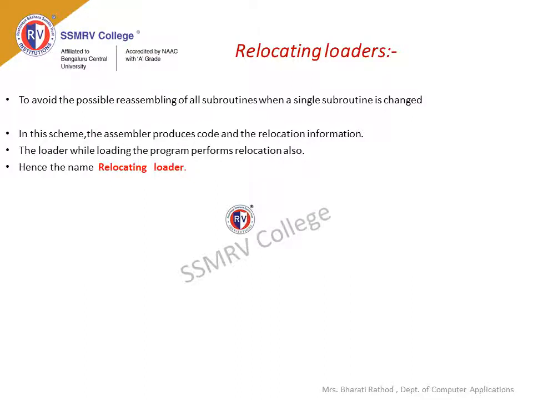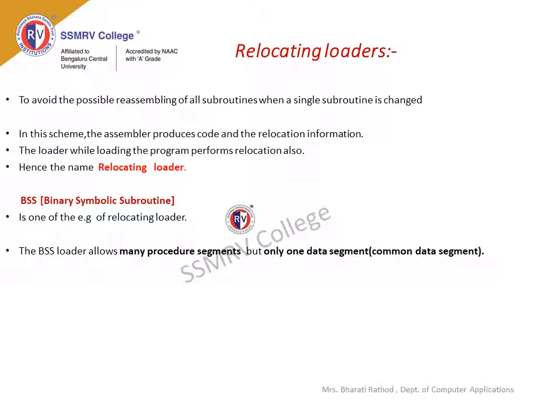Let us see an example of relocating loaders. The binary symbolic subroutine is one example of a relocating loader. The binary symbolic subroutine loader allows many procedure segments and one common data segment.